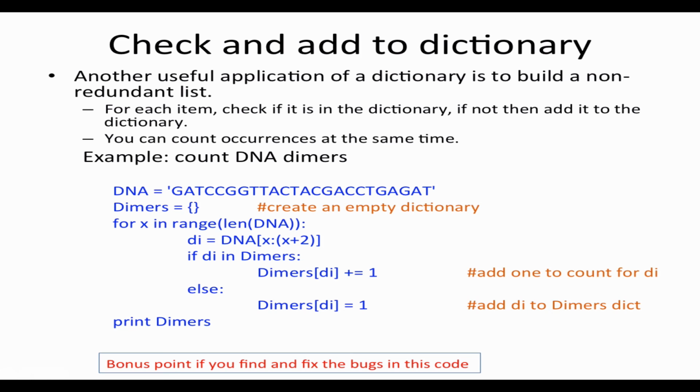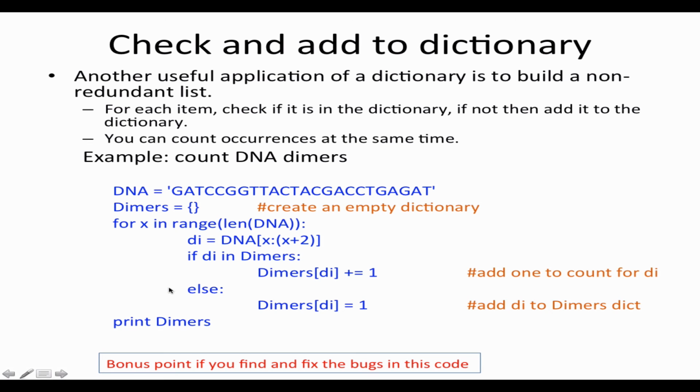So we have a key, and we increase it by 1. Initially, di won't be in dimers because dimers is empty. So we'll go to the second half. Else, dimers of di equals 1. So I've written into dimers a key value pair that is 2 letters, and we've seen those 2 letters one time. And then it just finishes the loop.